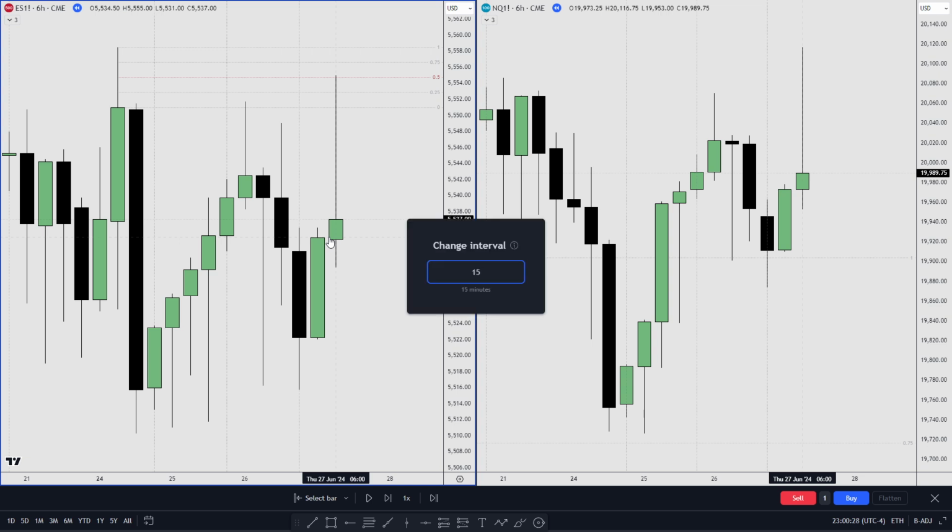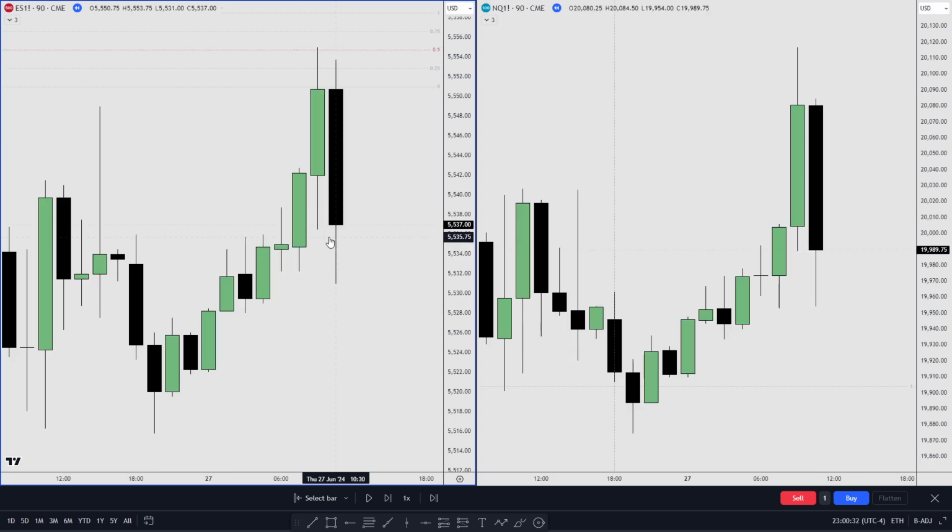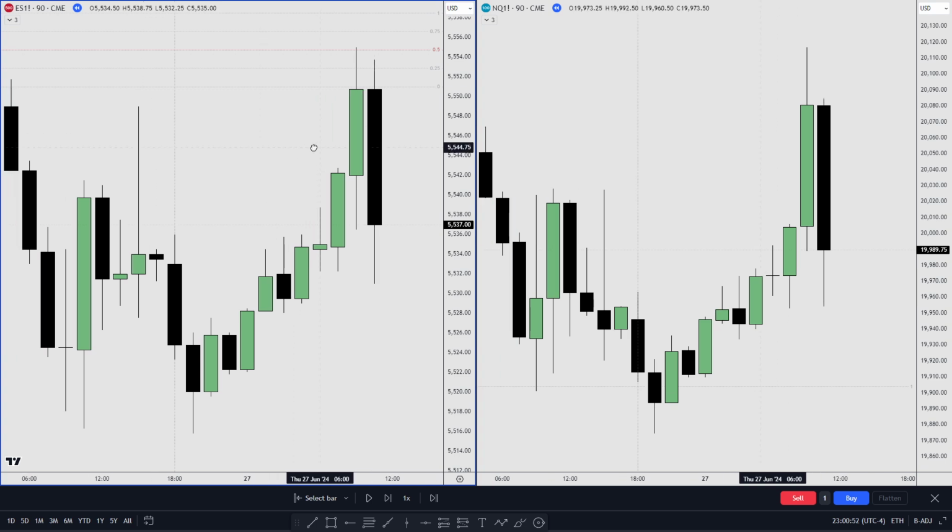So I'm just going to move on to the 90 minutes candle after 10:30, because that is when all the news events have passed and we are allowed to take a trade. The 10:30 candle is this particular candle right here.